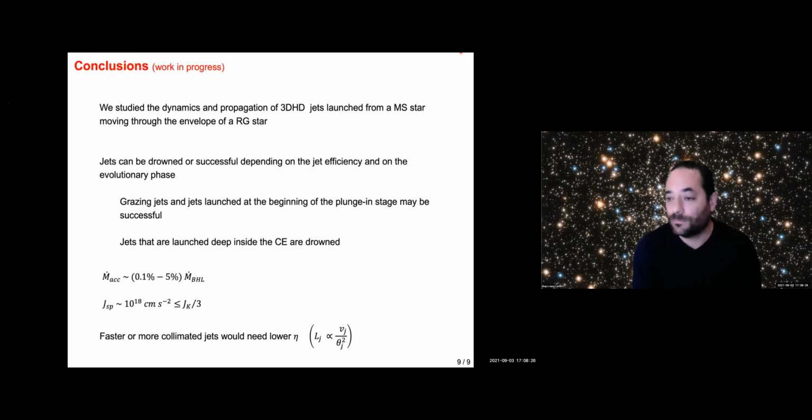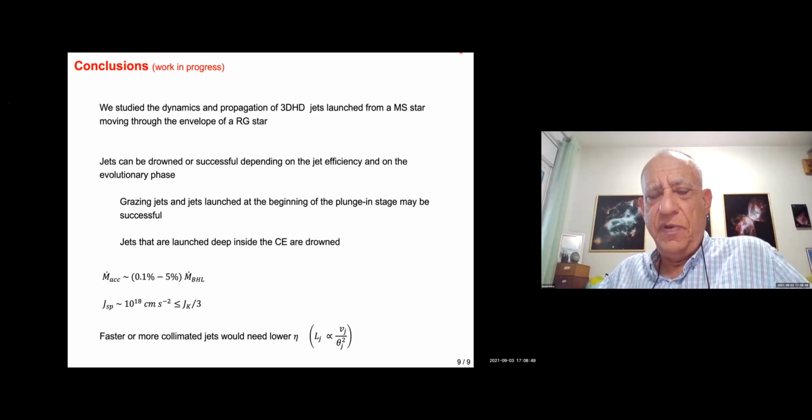Okay. My second question is, I still can't get my head around how you launch a jet from a main sequence star. What's the mechanism? Is it a Blandford-Payne-like thing, or what kind of mechanism do you need to collimate the flow upwards? Young stellar objects do it happily.